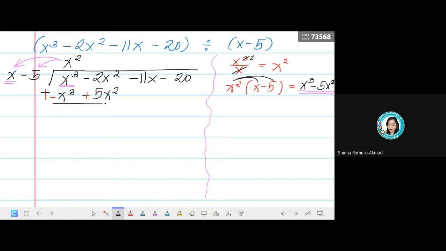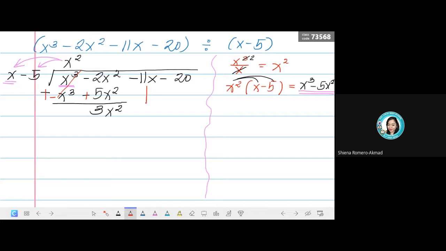Next step is to add x cubed plus negative x cubed. That makes it 0. Okay. Then we have negative 2x squared plus positive 5x squared. So that is, ano sagot natin dito? 5 plus negative 2. 3 po. Correct. That's positive 3. So, naiwan sa atin, positive 3x squared.